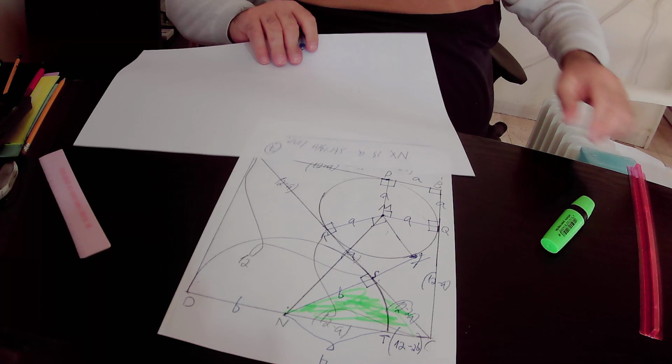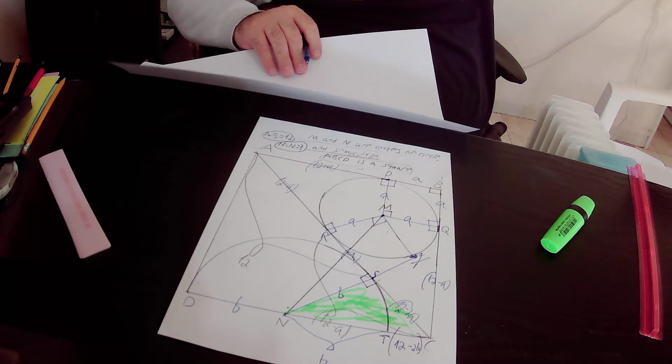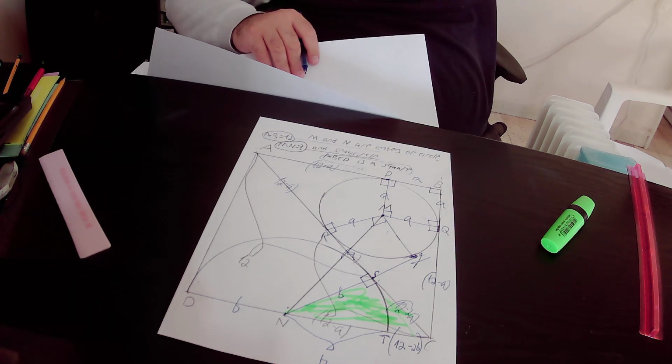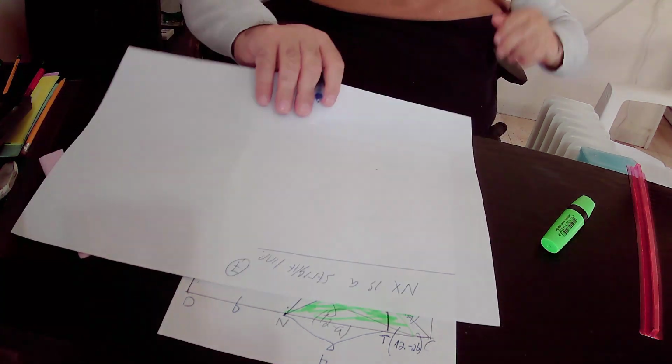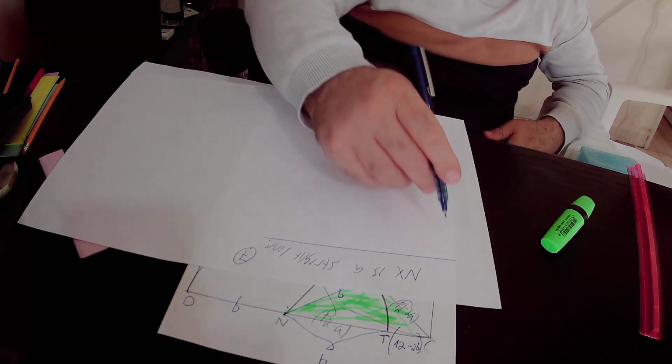And we have the rule that the sum of the angles on one side of a straight line is equal to 180 degrees. I'll write it down.